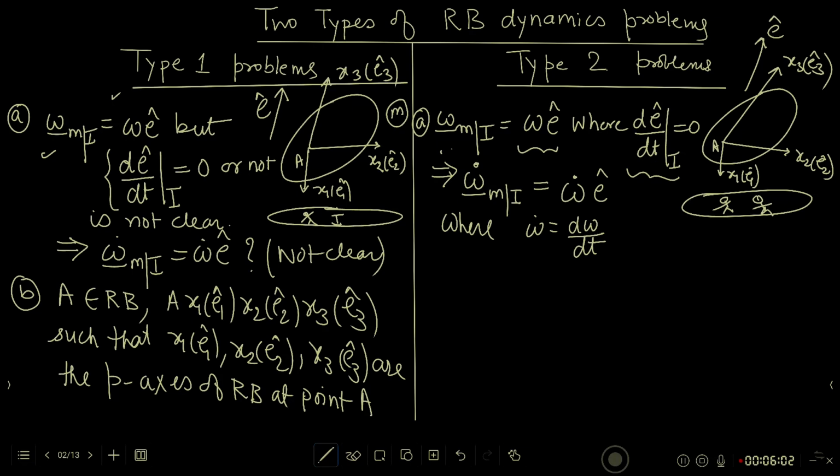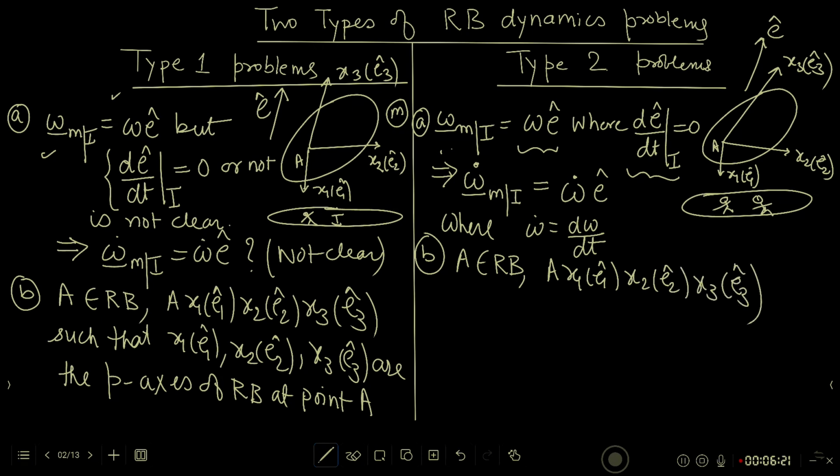In type 2 problem, you will again identify a point A which is fixed to RB. You will also have a working coordinate system which I denote using the same notation x1 e1, x2 e2, x3 e3.